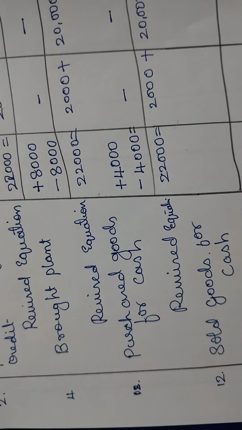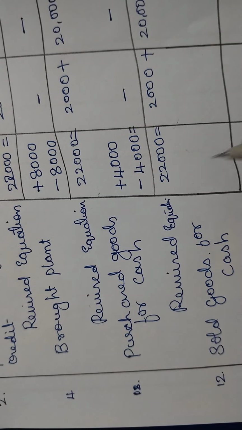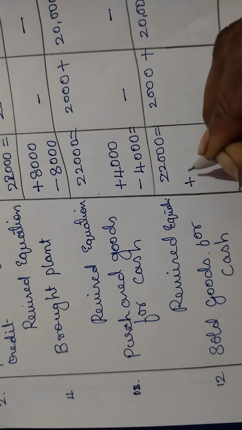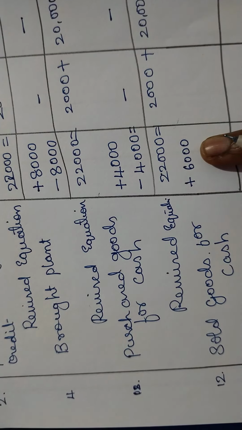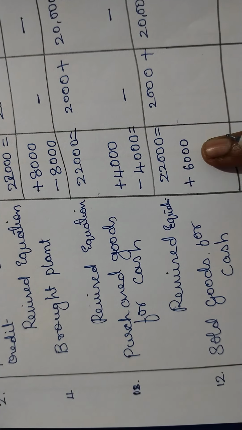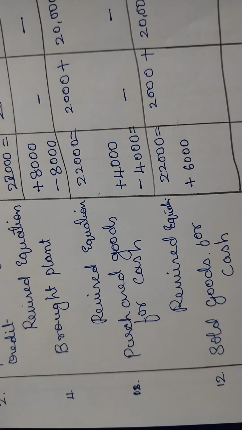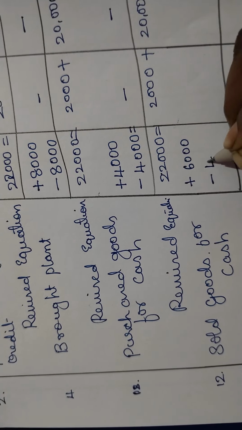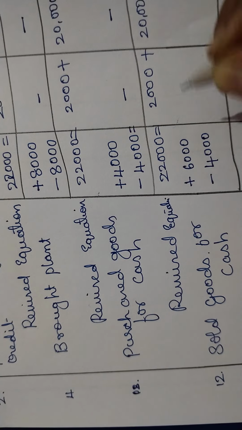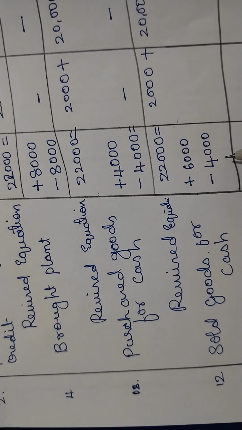When we sold goods, the goods are reduced, but cash is increased. Plus 6,000, I received a cash of rupees 6,000. I received an excess of cash more than the actual value, but I can't show the goods also more than the actual. So I am showing only minus 4,000, the actual worth.